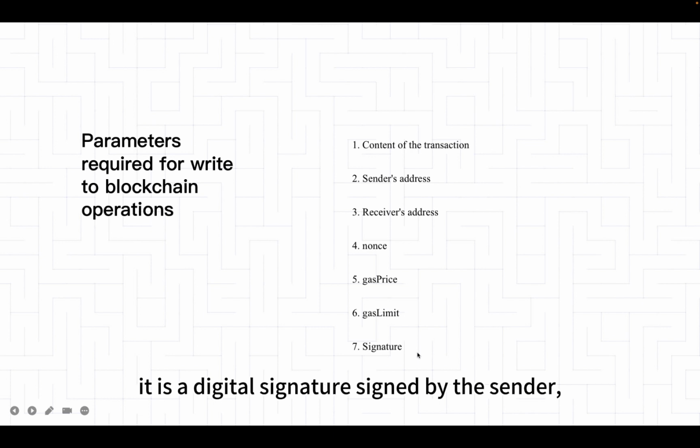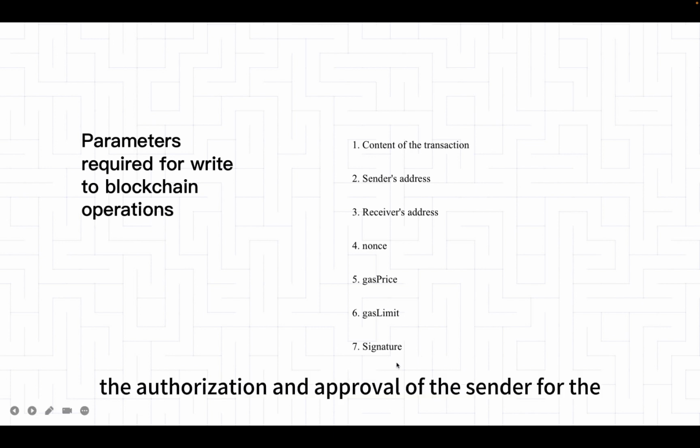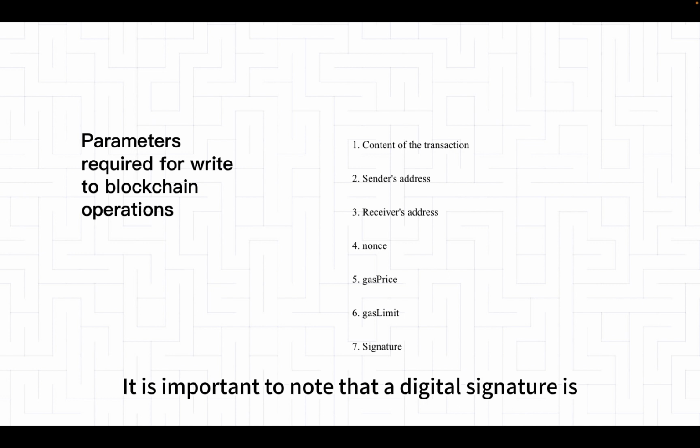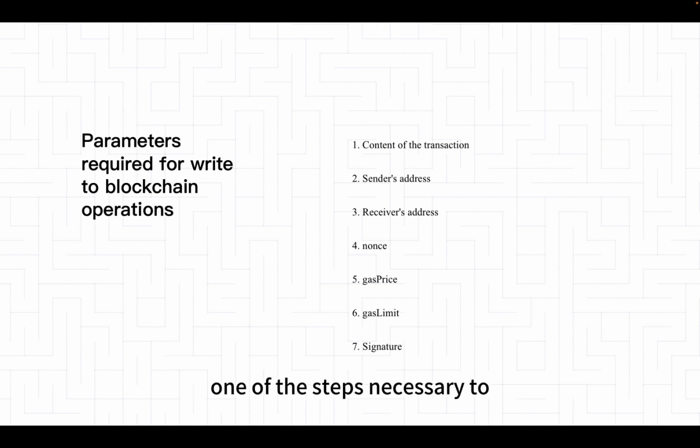Let's look at the last parameter, signature. It is a digital signature signed by the sender, providing the authorization and approval of the sender for the transaction. It is important to note that a digital signature is one of the steps necessary to guarantee the security and correctness of a transaction in any case.